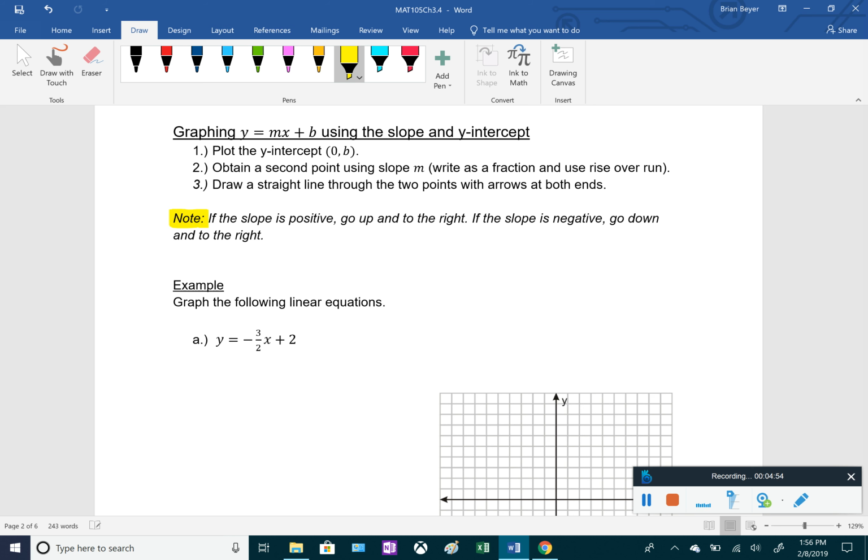Technically, if the slope was positive, you could go down and to the left, and if the slope was negative, you could go up and to the left. But it's probably just easier to stick with one method so you don't get confused.